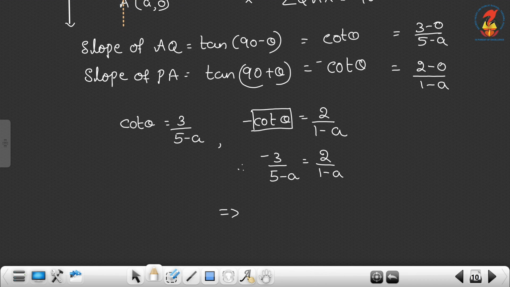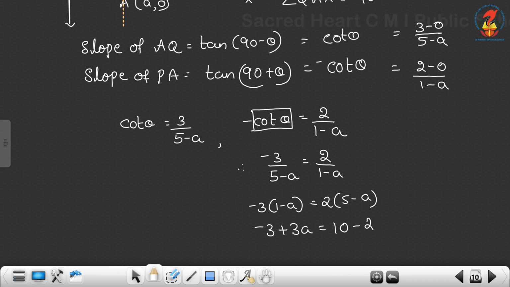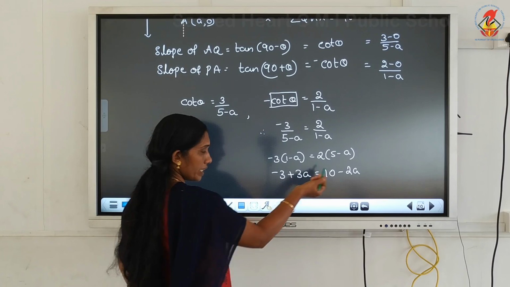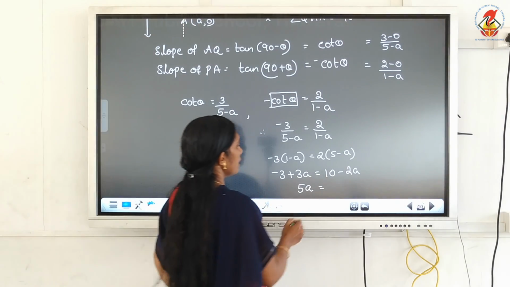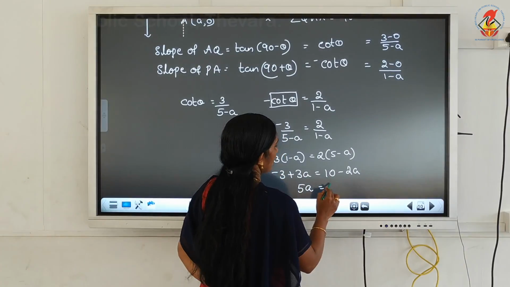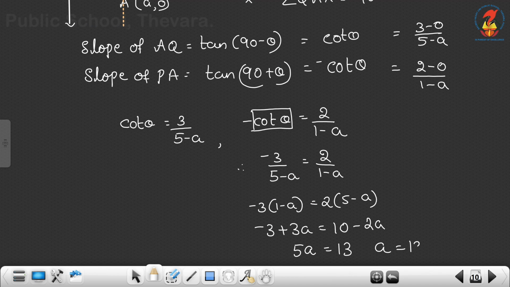Which implies minus 3 into 1 minus A, that is minus 3 plus 3A, equals 10 minus 2A. When we take 2A to this side, it is 5A. 5A is equal to 10 plus 3, so it is 13, or A is equal to 13 by 5.